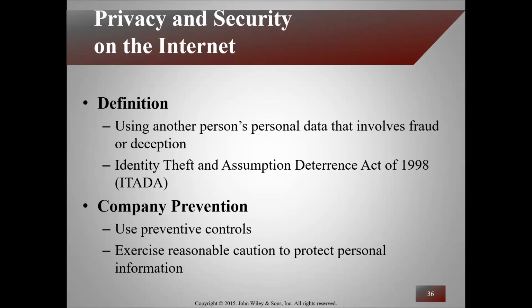Identity theft refers to crimes in which someone uses another person's personal identification. They use a credit card, a social security card, or information that you have posted on the internet. It involves fraud, of course, or deception. The individual may even apply for a loan using all your personal information. So we as consumers have to be extremely careful.